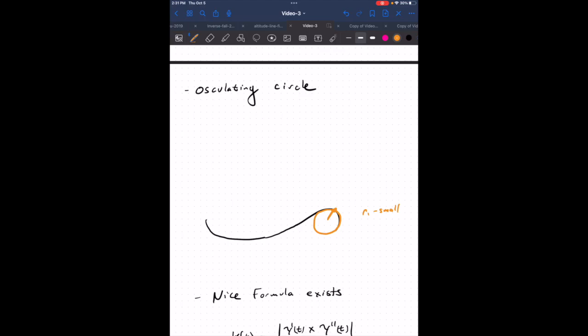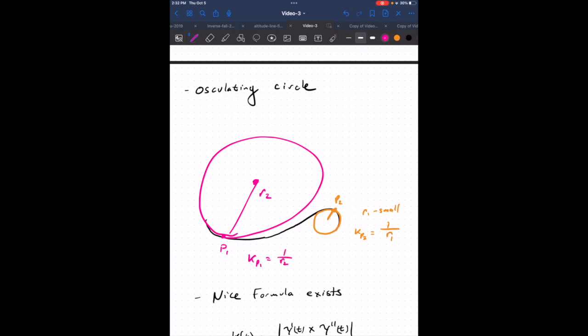So we want this to be big curvature, so we'll say our curvature here, let's say this is P2, curvature P2 is going to be the reciprocal of this, so 1 over R1 here, whereas if I'm at this other point, let's say this is P1, we'd have a big circle, so this is R2, and so our curvature here, P1, would be 1 over R2.